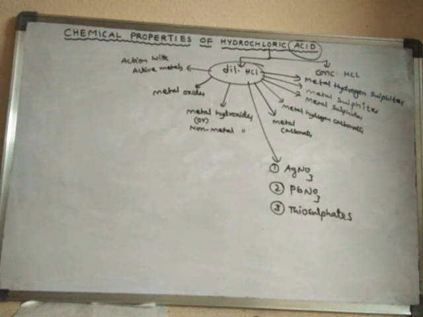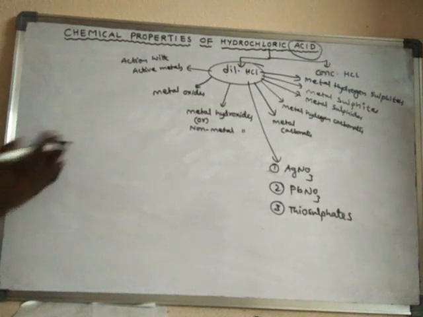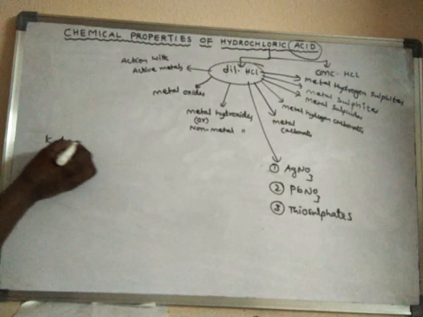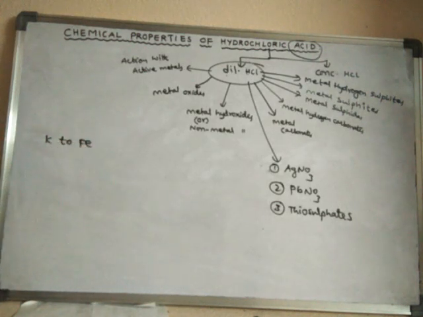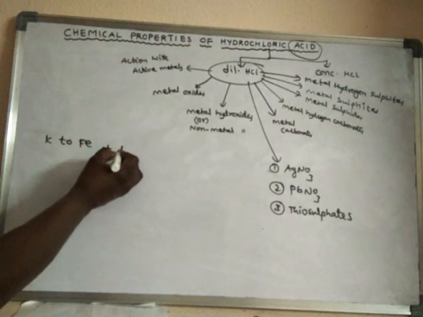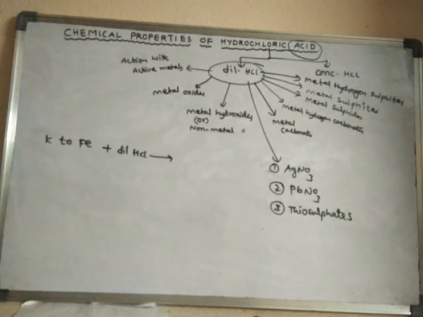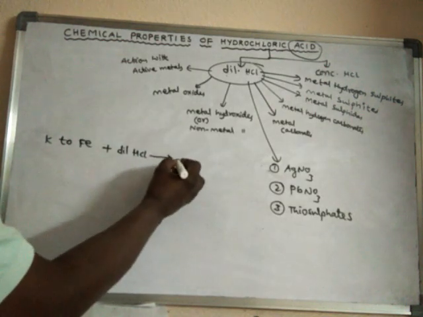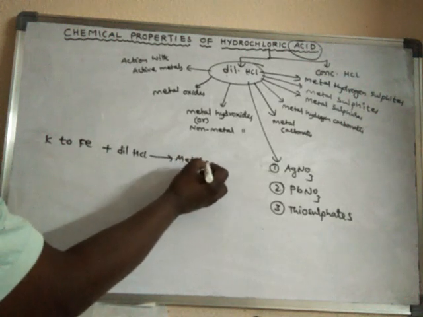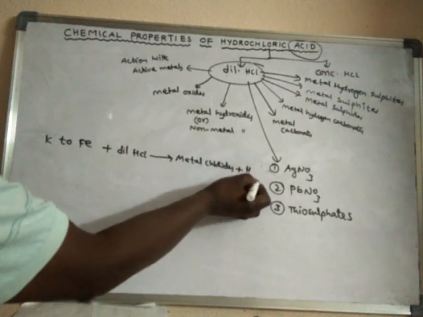Active metals ranging from potassium to iron react with dilute hydrochloric acid to form metal chlorides, and hydrogen gas is evolved in this process.